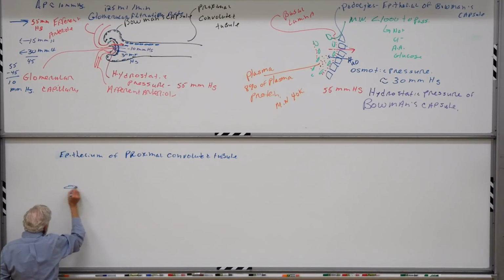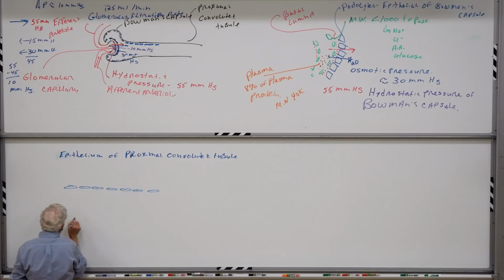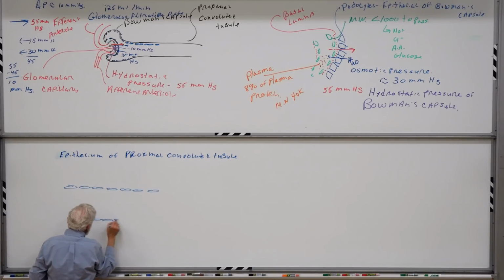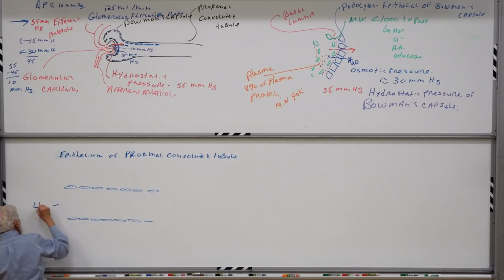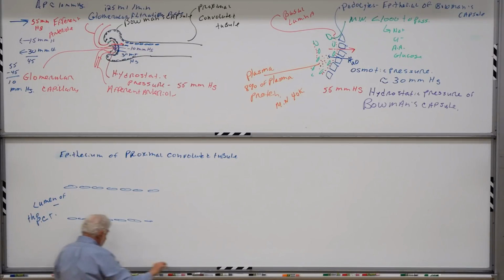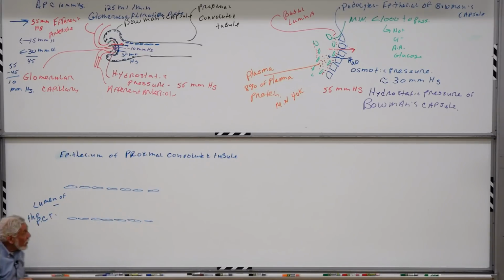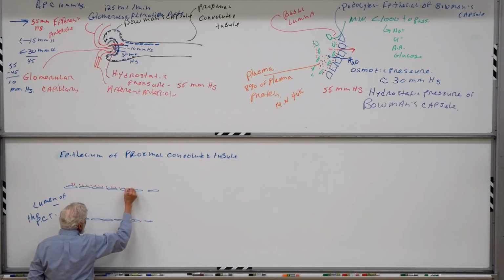So I'm going to lay this out simply as a series of these ovals. That's meant to be the epithelium. This is meant to be the lumen of the proximal convoluted tubule. And then we have our typical orientation where this is the basal lamina.